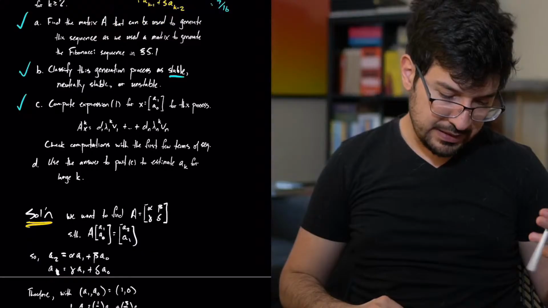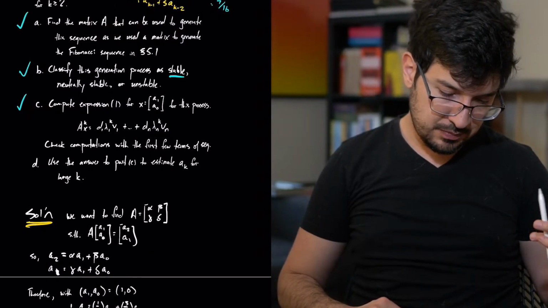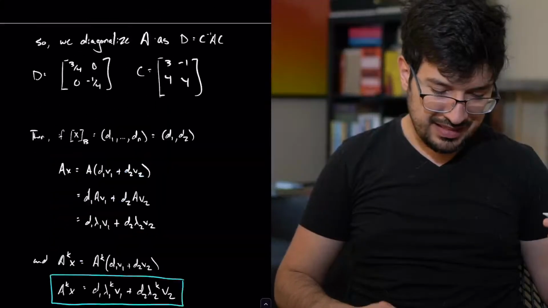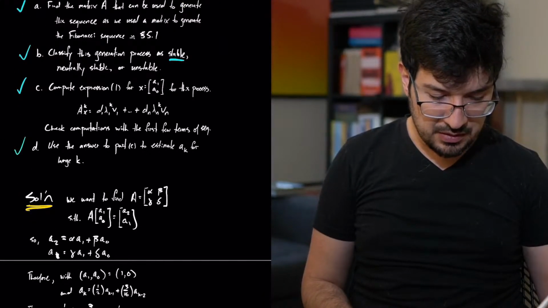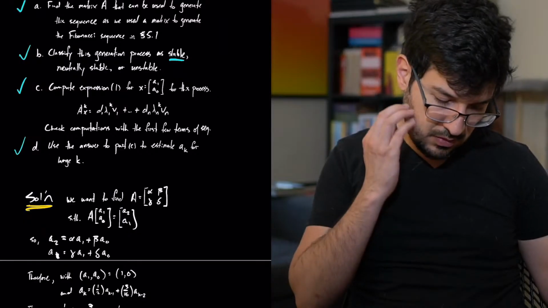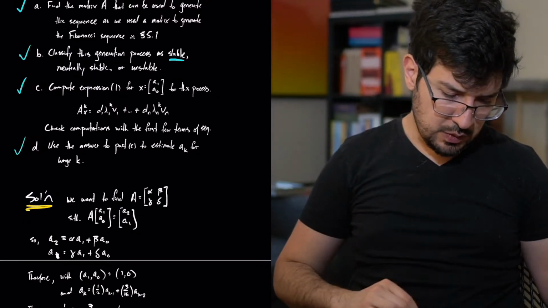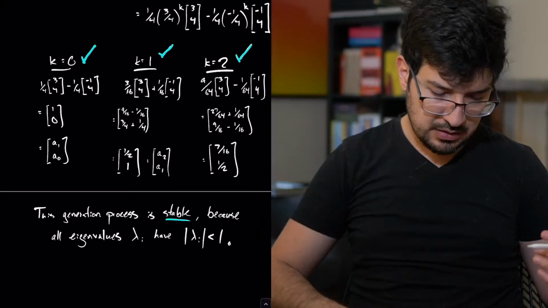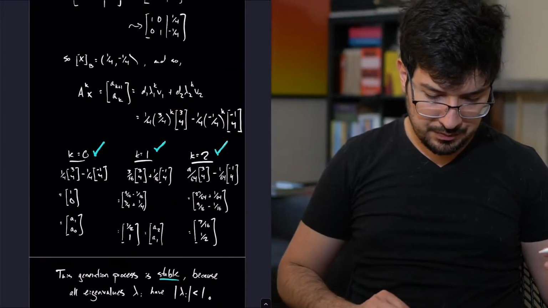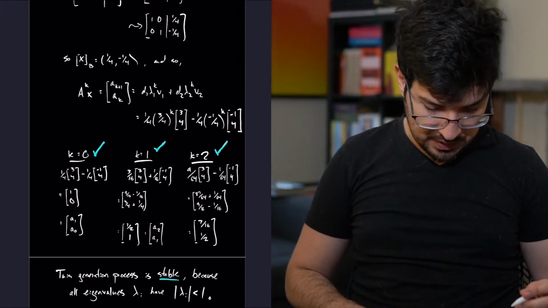I mean, I've written down the expression. I think it wants me to write the exact value. And then use the answer to part C to estimate Ak for large k. I guess I would need to just do one more step.